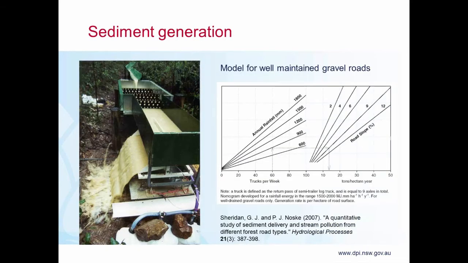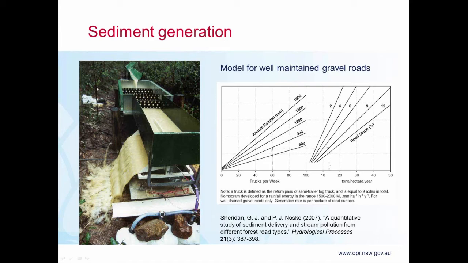Some other work that's been done on sediment generation, this is from Victoria. Gary Sheridan and Phil Noske from the University of Melbourne did a lot of really good work. On the left-hand side there, you can see a tipping bucket setup that they had. At the top of that tipping bucket, you can see an open pipe that basically runs water from a drain into the tipping bucket.